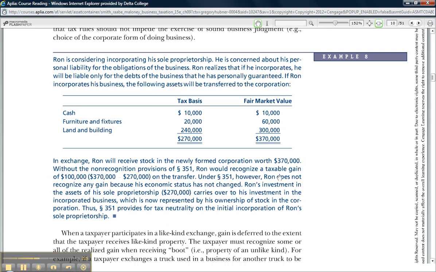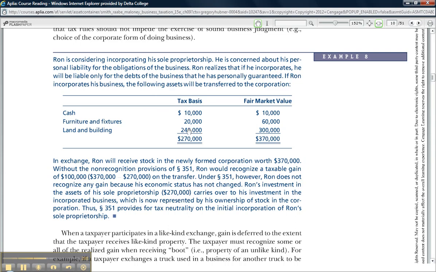So under 351, Ron does not recognize any gain because his economic status has not changed. He simply uses the same basis as a carryover basis to his investment in the stock of the corporation. So instead of owning assets with a basis of $270,000, he'll now own stock with a basis of $270,000. The corporation will own the assets, and the corporation will have basis in those assets equal to whatever Ron's basis was.